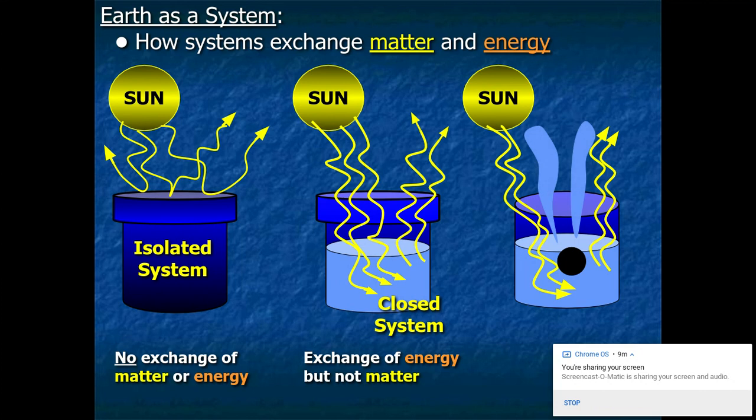In fact, that was so fun. Let's do that again. So here comes some matter. We throw matter in there, and then it splashes up. And really what this represents now is that the Earth is exchanging both matter and energy, and we call this an open system. So an open system is the exchange of matter and energy, which the word energy is hidden behind the screen there.